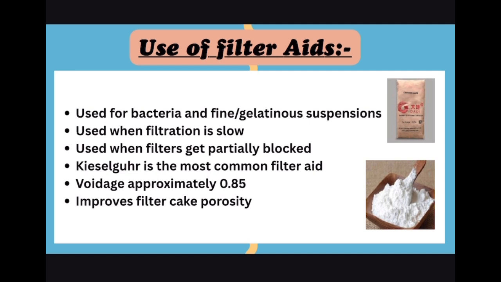The most common filter aid is Kieselguhr, also known as diatomaceous earth. Filter aids increase the porosity of the filter cake, which improves the liquid flow, and the voidage of a good filter aid is approximately 0.85, which indicates high porosity.